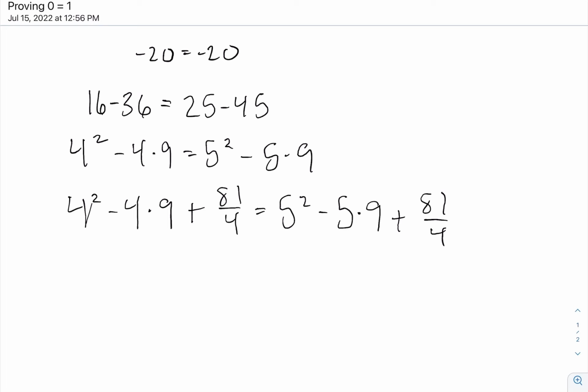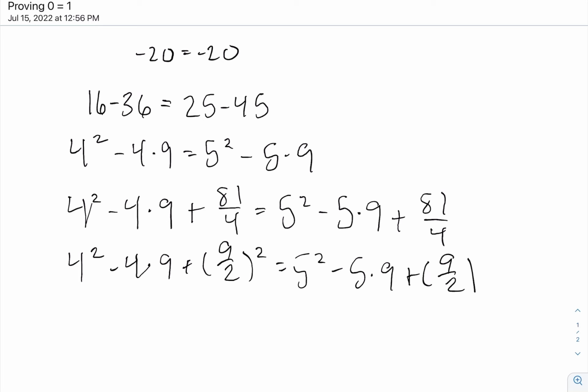Hopefully all is good so far. And because we added 81 over 4 on both sides, we can say, well, 81 over 4, that's also a perfect square. So we can write that as plus 9 over 2, squared, because if we were to square this, it would be 81 over 4. So let's do that on both sides.